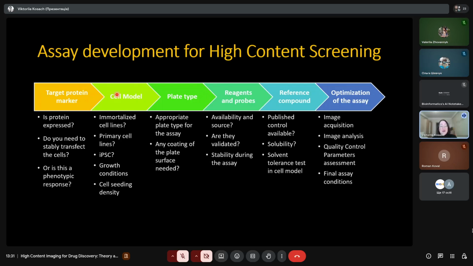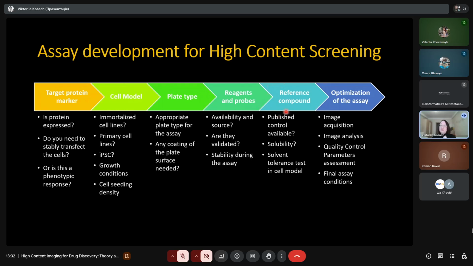And you also should know if your cell line needs just a tissue culture treated plate, or if the plate should be coated with some matrices like collagen, poly-D-lysine, etc. After that, you will find the reagents and probes for your assay. We will talk about it further.